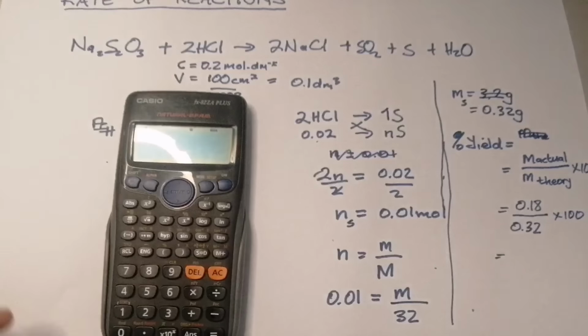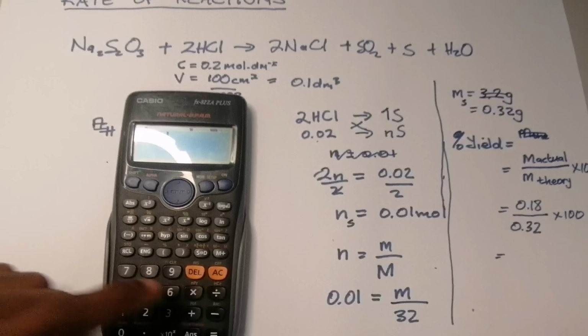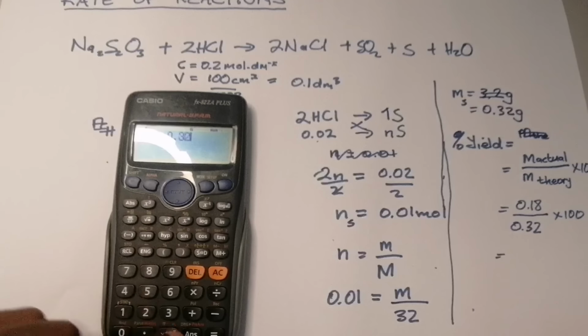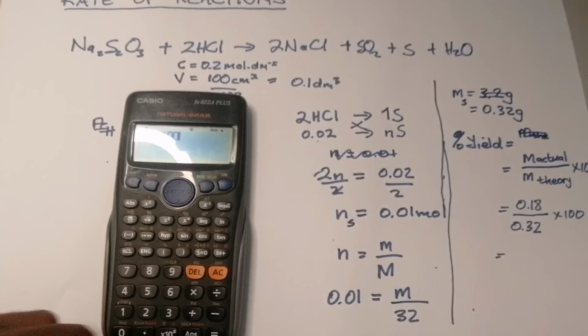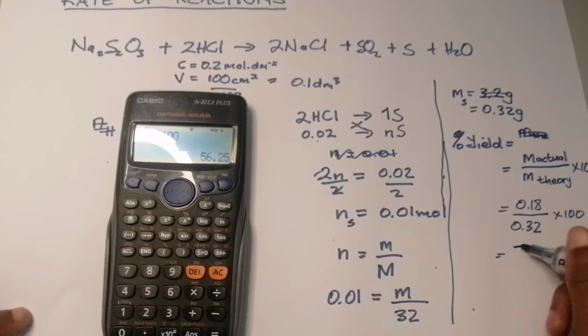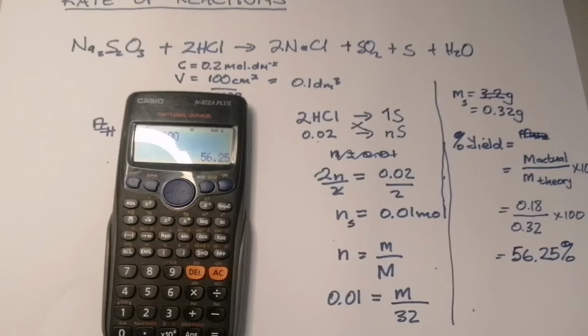That's 0.18 divided by 0.32, and we multiply that by 100. And I get an answer of 56.25%. You can verify that for yourself.